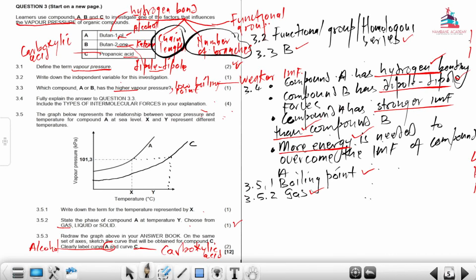So that will be the 2 marks. What is important here is that it starts below and remains below throughout, because we need to understand that it is going to have a higher boiling point, which basically means lower vapor pressure. So the temperature here will be high, so the boiling point will be high, but the vapor pressure will be somehow low.